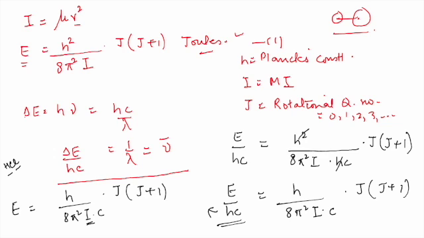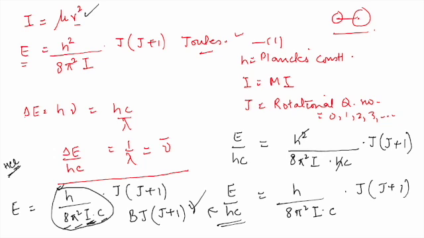So the moment of inertia, which is mu r square, and the bond length also remain the same, because we are considering a rigid rotor. So for one particular molecule the moment of inertia is constant. 8 and pi are constants, I is constant because it is the same molecule, and c, the speed of light, and h, Planck's constant, are constants too. I take all these constant terms together and replace them by another term, B. So the expression will be B J into J plus 1. This is my final expression.